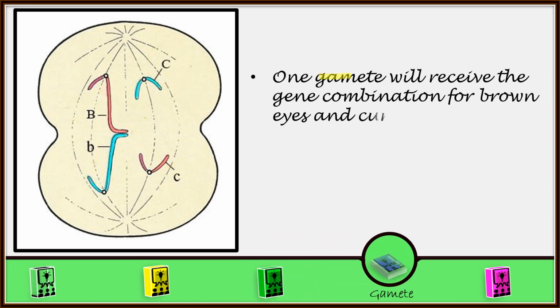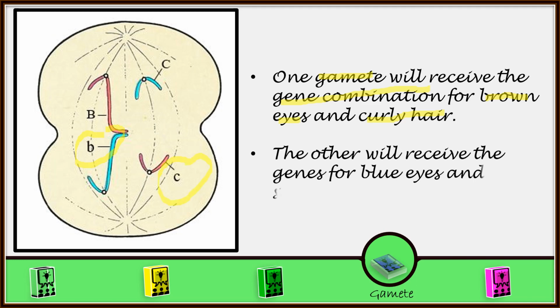So one gamete will receive the gene combination for brown eyes and curl hair.